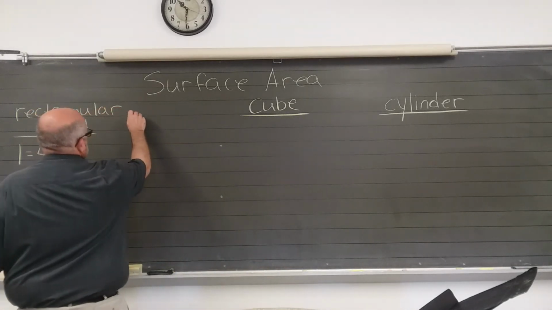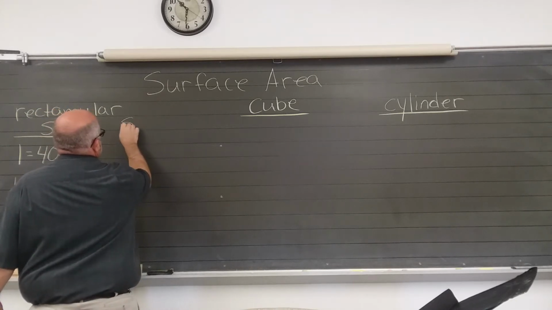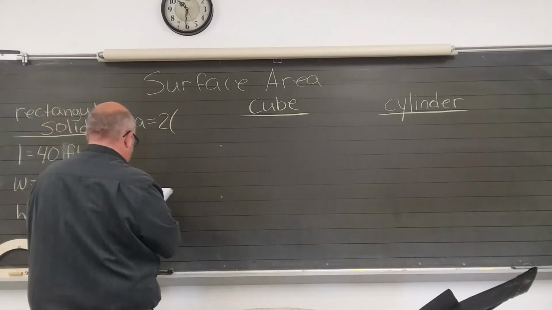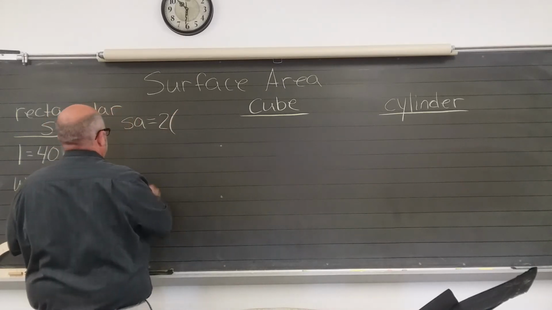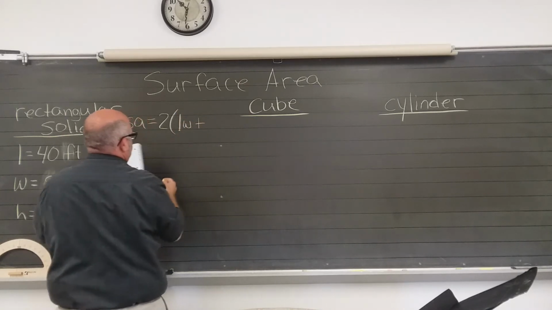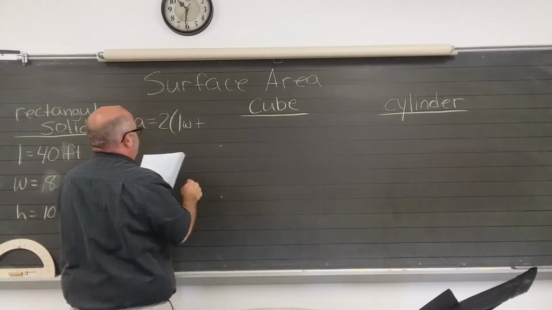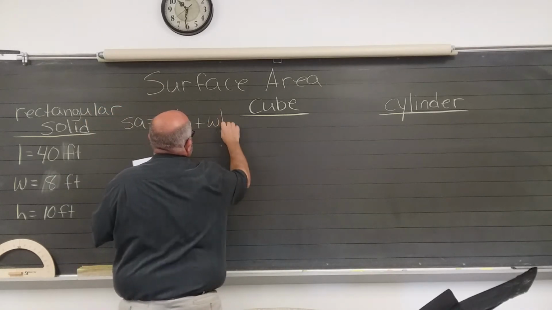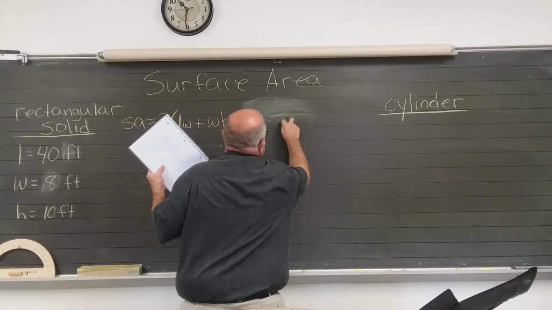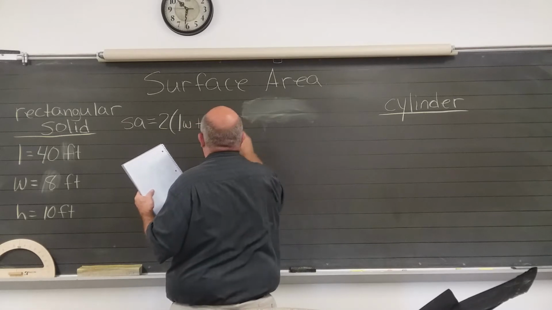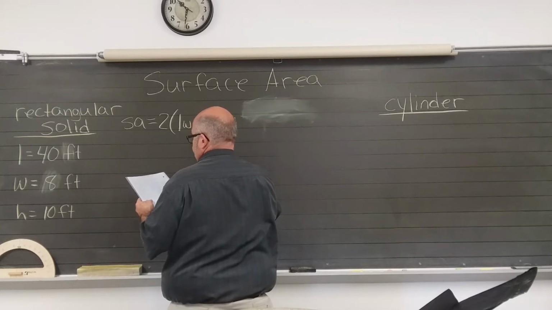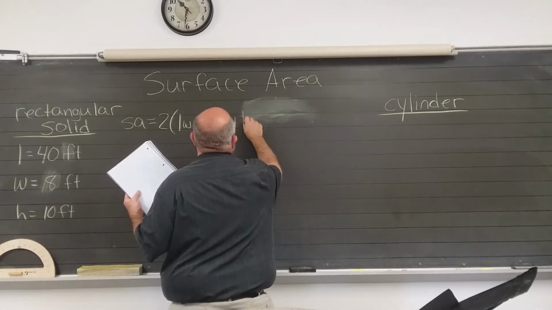Of a rectangular solid, surface area equals 2 times LW plus, that means length times width, plus width times height, plus, sorry, length times height.